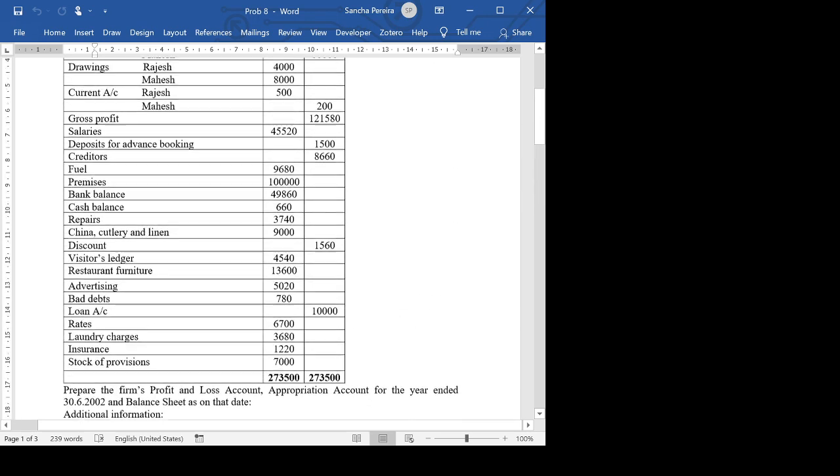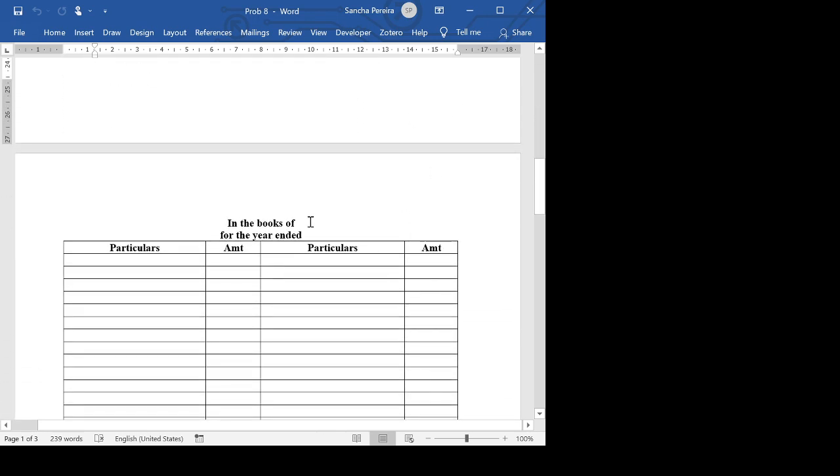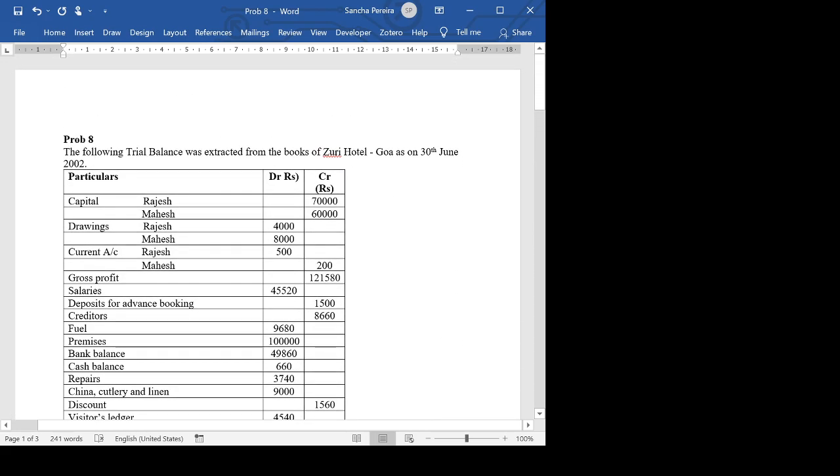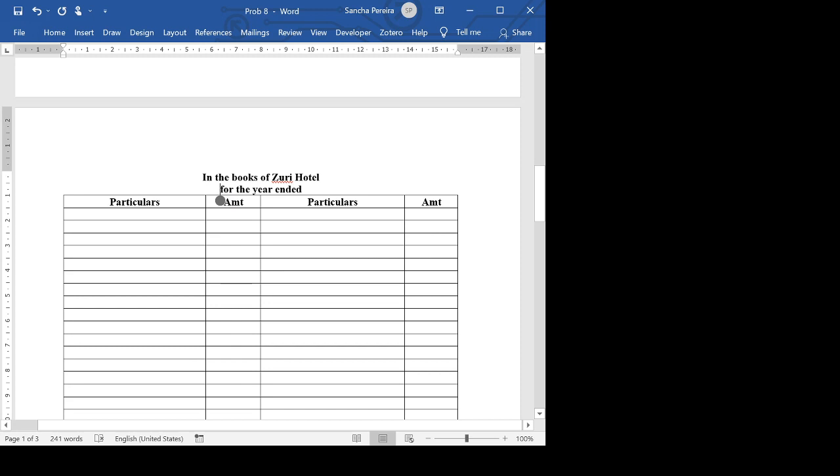So in the books of Zuri Hotels, this is the profit and loss account for the year ended 30th June 2002.